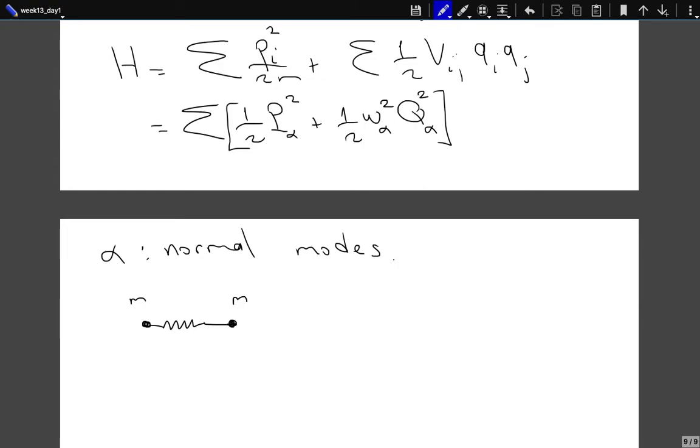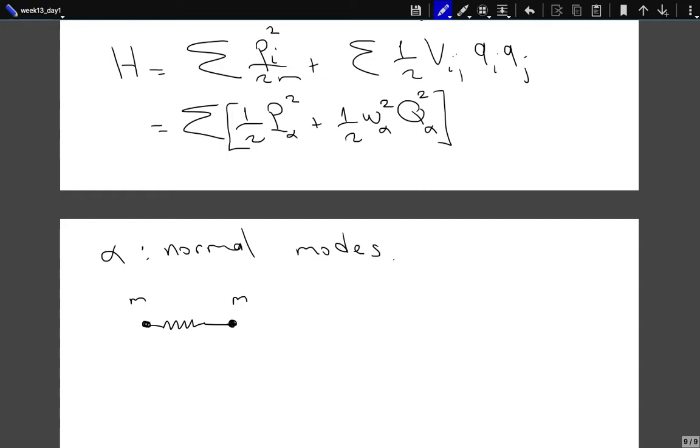But what I can imagine is I can just take these two masses, move them aside at an equal distance, and when I release them, all these masses will just move back and forth. The system will not change. Well, it will evolve, but the motion it does will always be the same. It will not change with time.